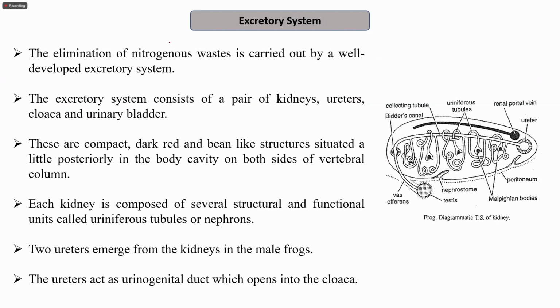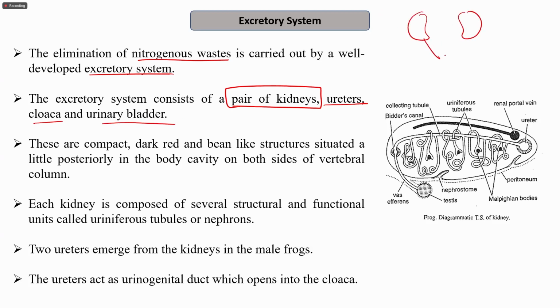In the urinogenital system, I will first talk about the excretory system. The elimination of nitrogenous waste is carried out by a well-developed excretory system. It consists of a pair of kidneys, ureter, cloaca, and urinary bladder. So it has a pair of kidneys, ureter, and a urinary bladder that opens out through the cloaca.